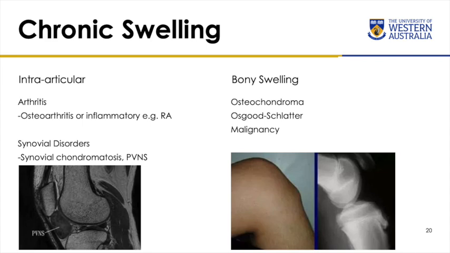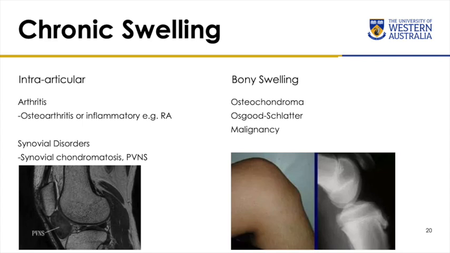Chronic swelling of the knee can be either an intra-articular process or a bony swelling. The commonest cause of chronic swelling is either an osteoarthritis or an inflammatory arthritis, such as rheumatoid. Should also consider synovial disorders, such as synovial chondromatosis and pigmented villonodular synovitis, or PVNS.